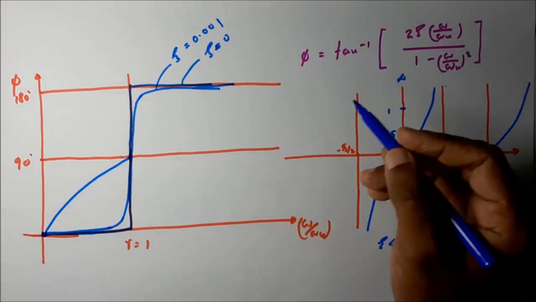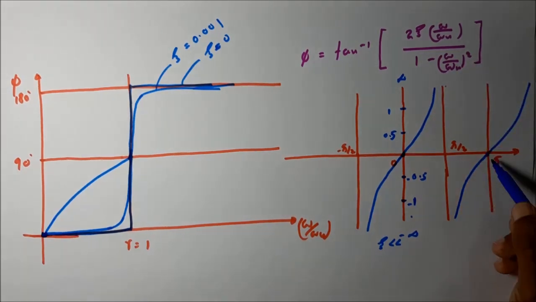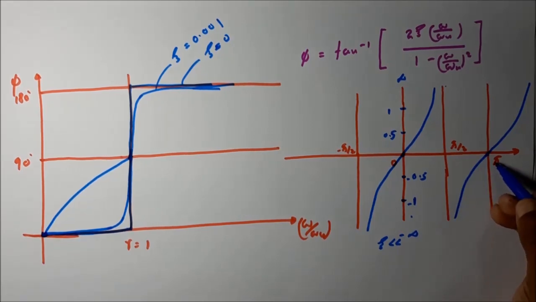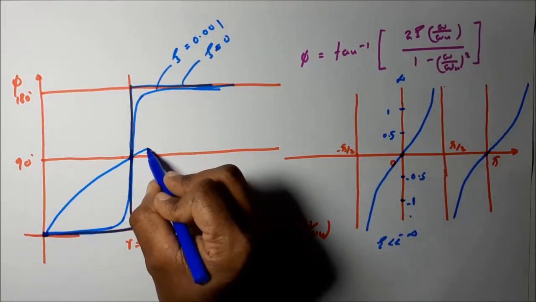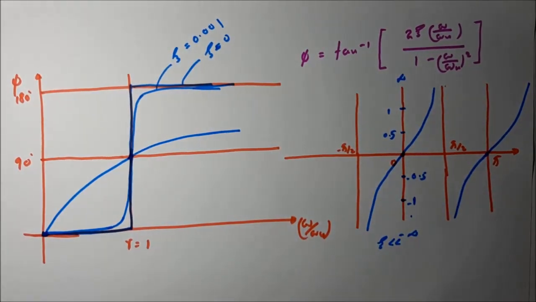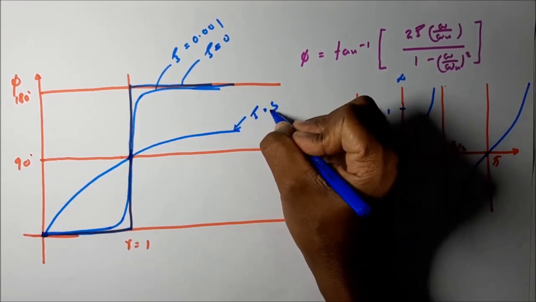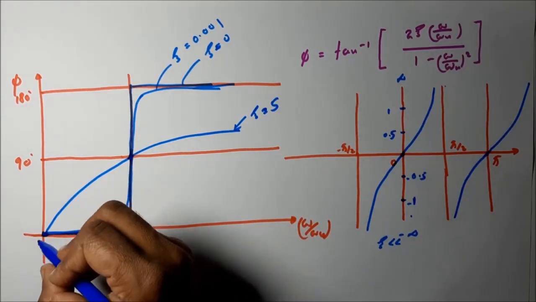So then beyond the 1, what happens? It reaches to the 180, that means the pi, but slowly, something like this. So then this is like theta equal to 5, something like this. Okay, in between these values we can represent like this.